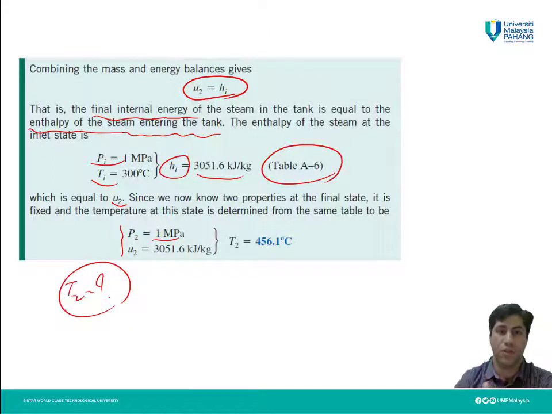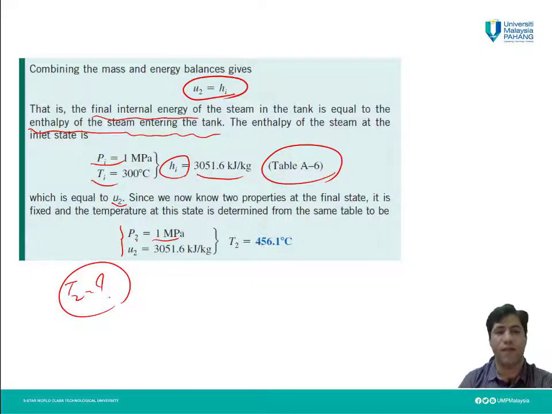And according to this equality, we know the final internal energy also is equal to 3051.6 kilojoule per kilogram. So we have the final pressure and we have the internal energy of the tank at the final state. By this information, again, we can go to table A6.